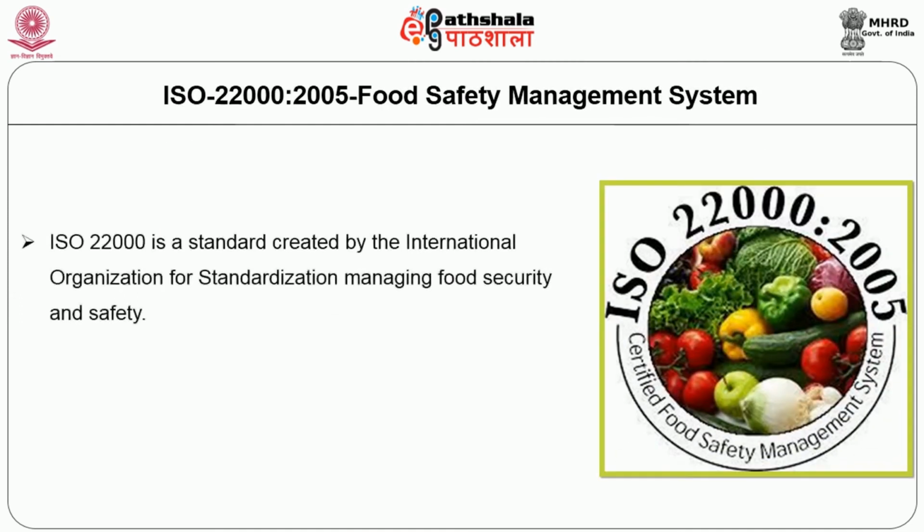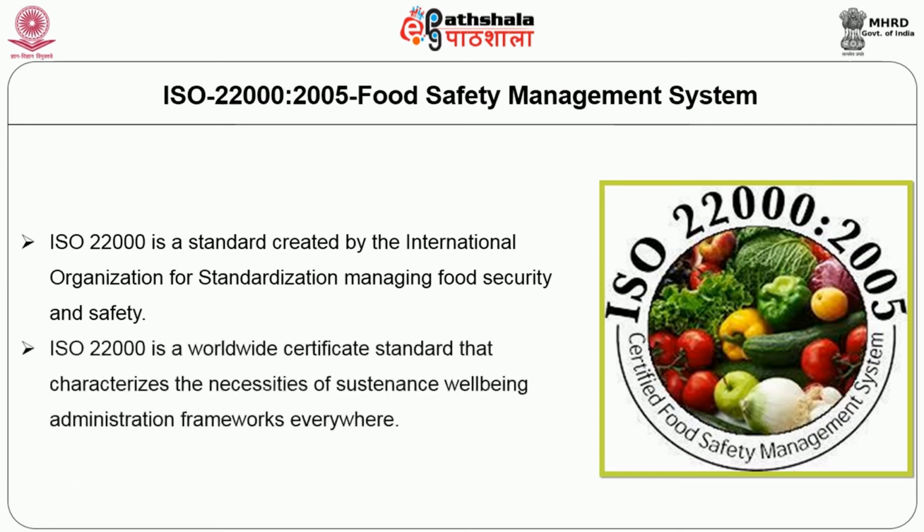ISO 22000 is a standard created by the International Organization for Standardization, managing food security and safety. ISO 22000 is a worldwide certificate standard that characterizes the necessities of food safety management systems everywhere.